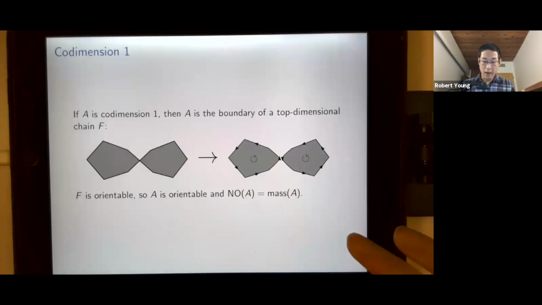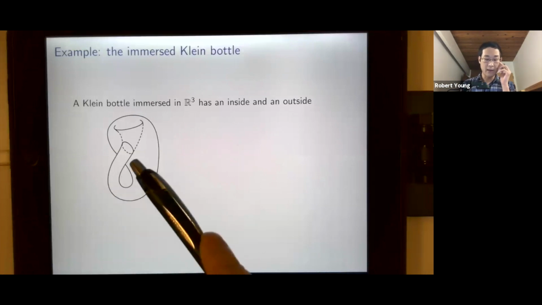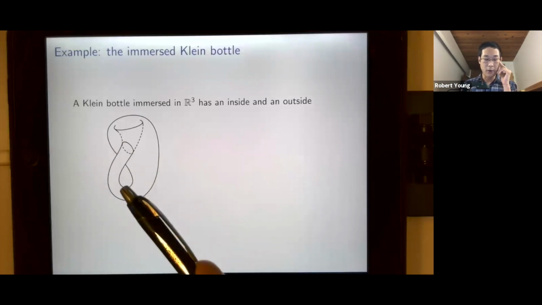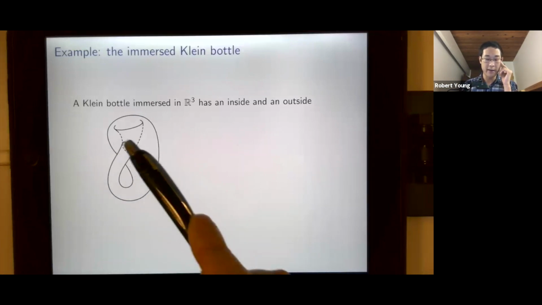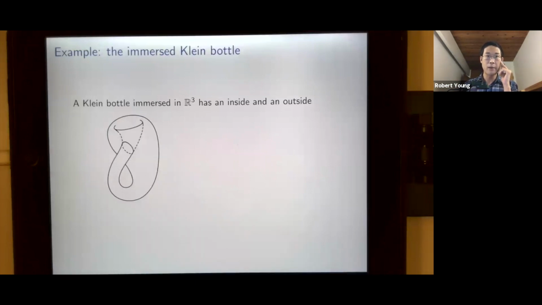In particular, this is why we get an identity in R3. Because if you have any surface in R3, it has an inside and an outside. If instead of embedding the Klein bottle in R4, you immerse it in R3, so you have this self-intersection where the neck intersects the bulb, then it has an inside and an outside.